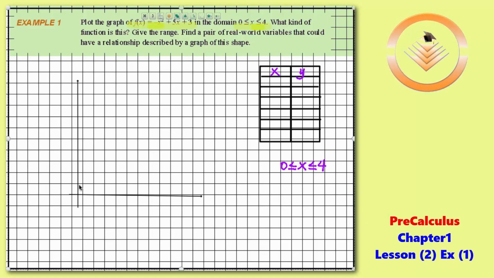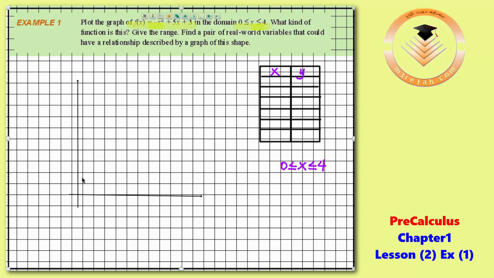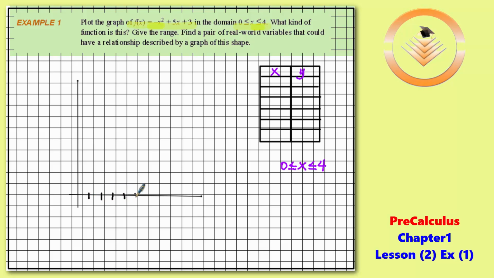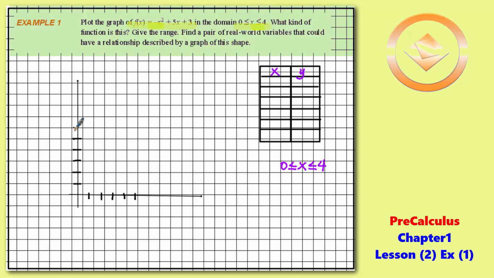Okay, so we have x between 0 and 4. We're going to write the labels for the x values 0 to 4, and here also we're going to set some units.